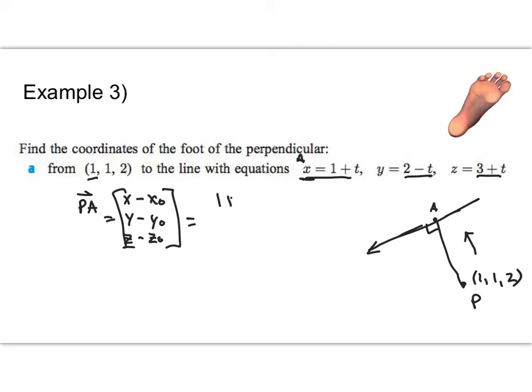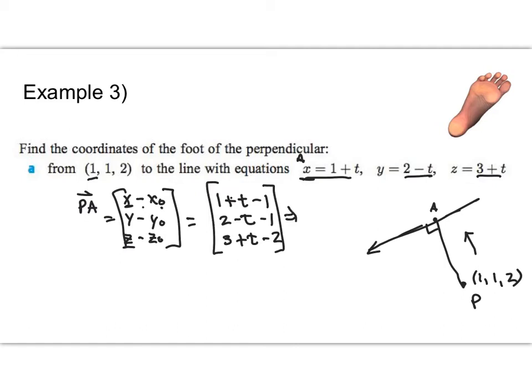So it's going to be 1 plus t, because I'm looking for the second point, minus the initial point, so that'll be -1. The y value is going to be 2 minus t minus 1, and the z value is going to be 3 plus t minus 2.